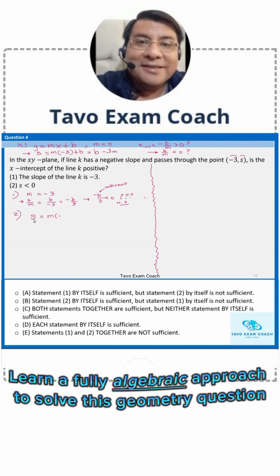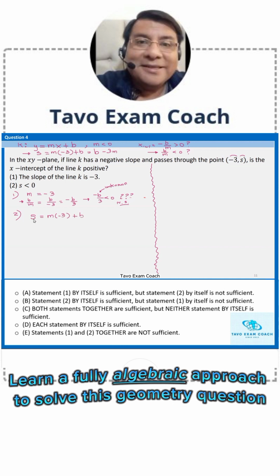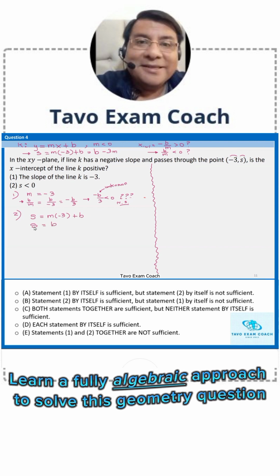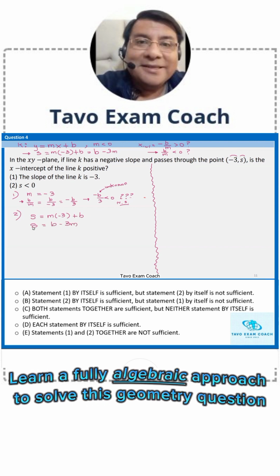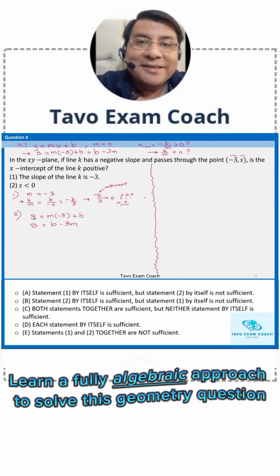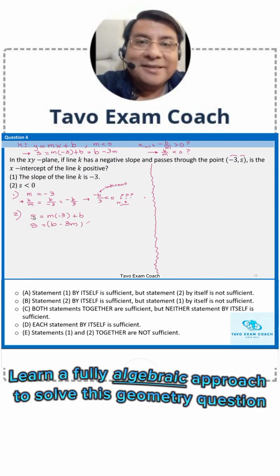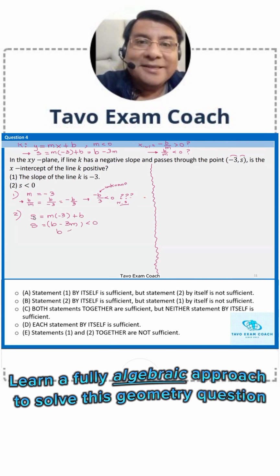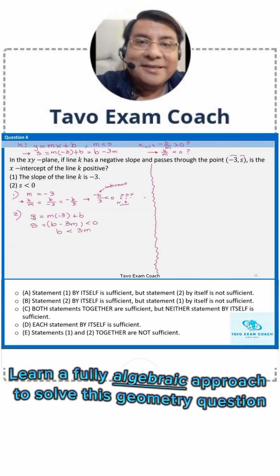It means this equality is true, or S equals b minus 3m. But if we are told that S is less than 0, then this expression b minus 3m must be less than 0, meaning that b is less than 3 times m.